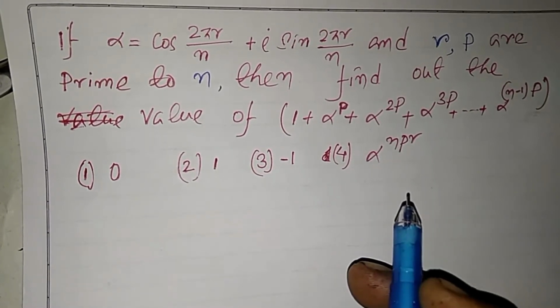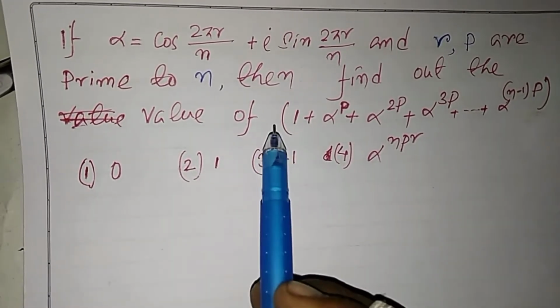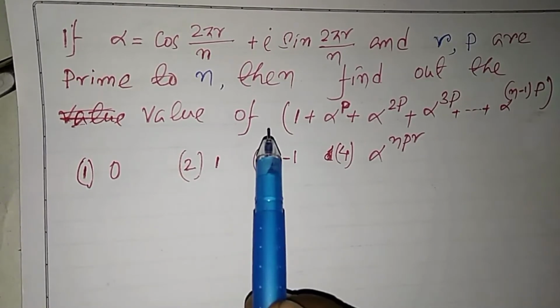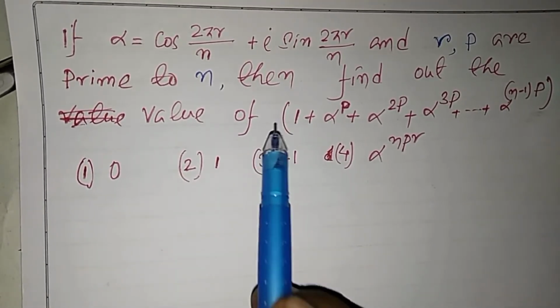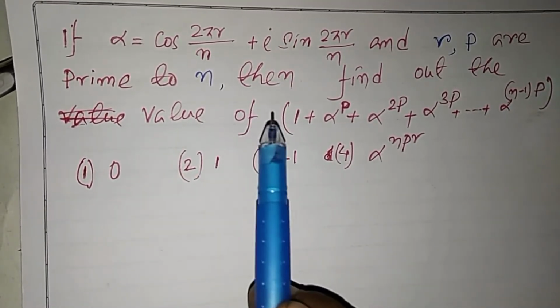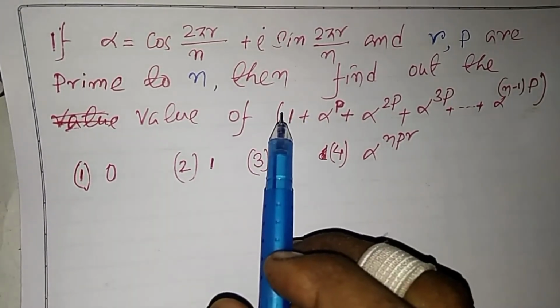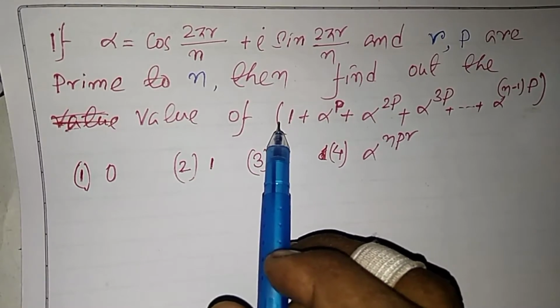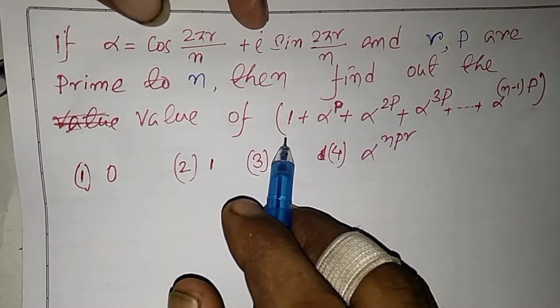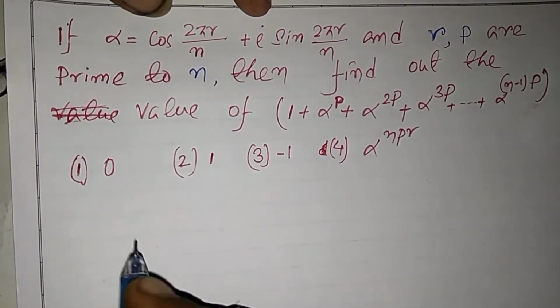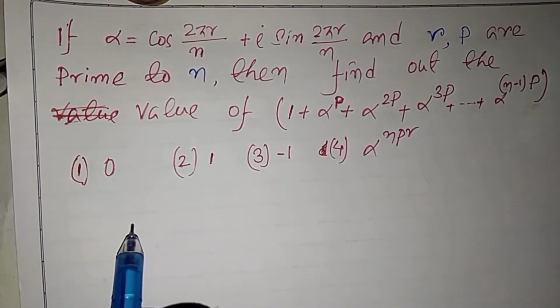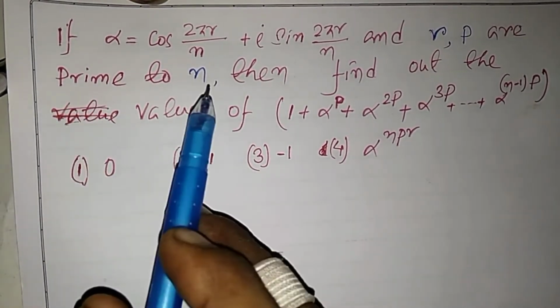This problem is very important for any entrance exam. I will solve it by using a technical method. So let's start to solve it. Firstly, I will write here what is given in the question.